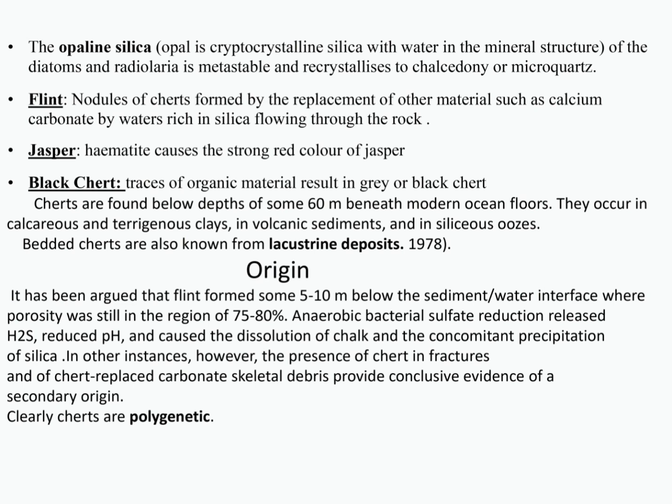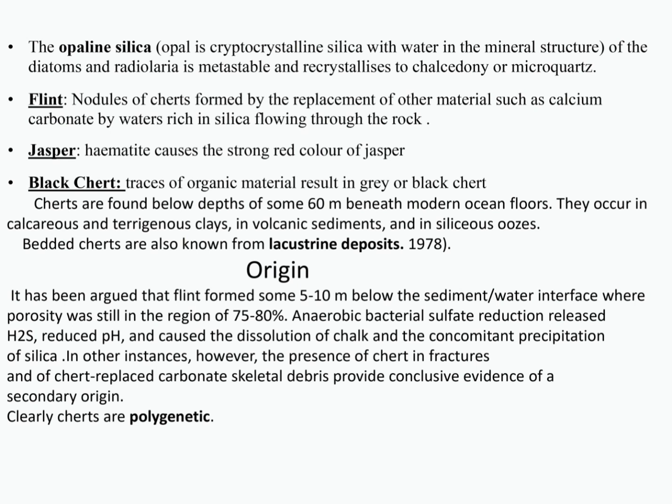At acidic conditions you get silica precipitated, and at basic conditions you get calcium carbonate precipitated. So in highly acidic conditions silica precipitates and forms a sedimentary chert layer. However, the presence of chert in fractures and of chert replacing carbonate skeleton debris provides conclusive evidence for a secondary origin. So what was the primary origin?